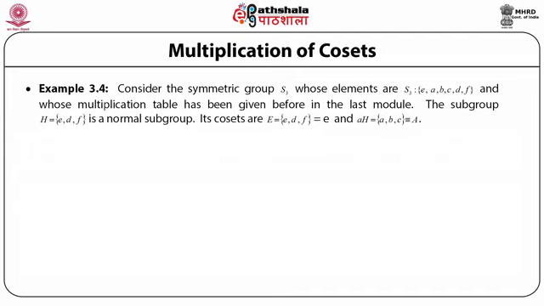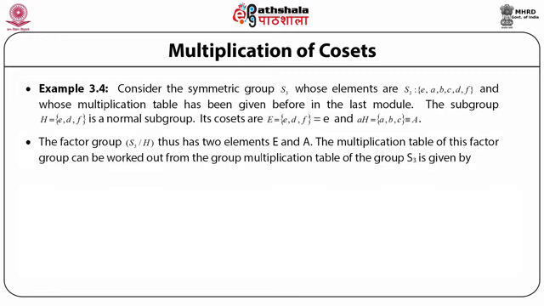Its cosets are EH, equal to the elements E, D, F, which is written as a coset E, and another coset AH whose elements are A, B and C, which is designated as A. The factor group S3/H thus has two elements, E and A.